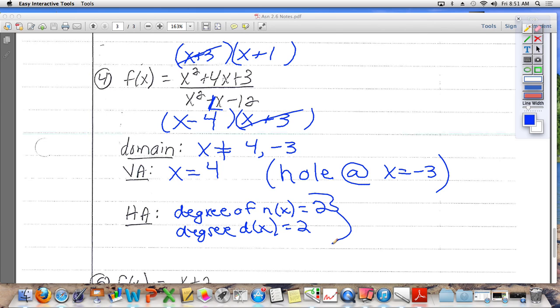We need the lead coefficients. So we have y equals, what is the lead coefficient of the numerator? It is 1. The lead coefficient of the denominator is 1. So you are going to have a horizontal asymptote at 1 over 1, which is 1. You have one horizontal asymptote that's at y equals 1.